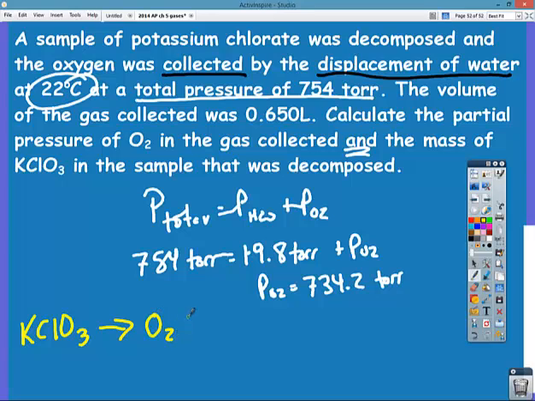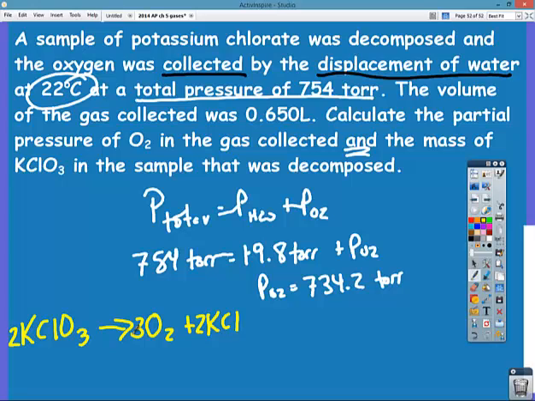Going to produce oxygen and our metal chloride. Since we're converting between substances, we do need it balanced. And the only way to convert between our substances is if we know moles.